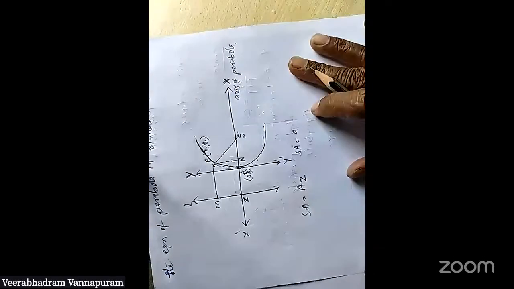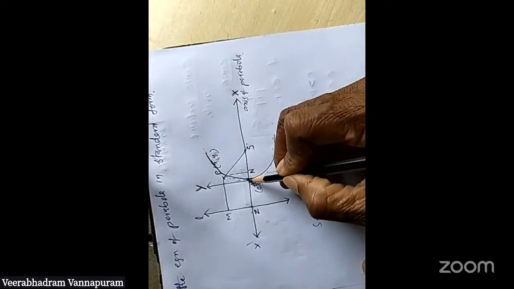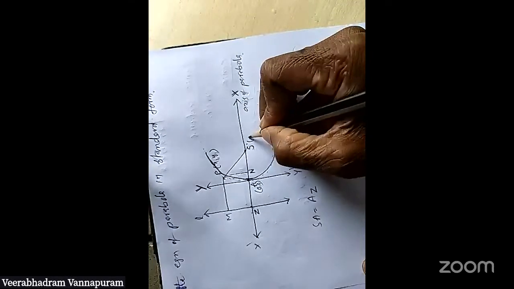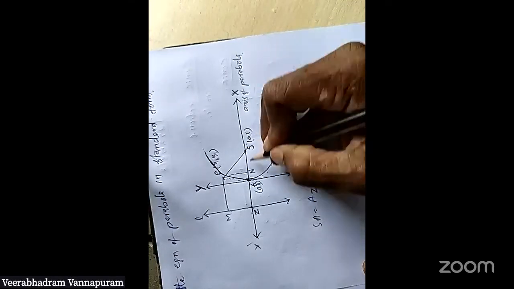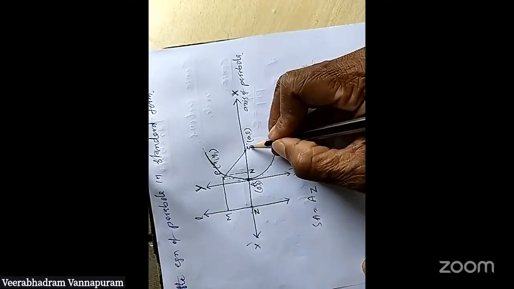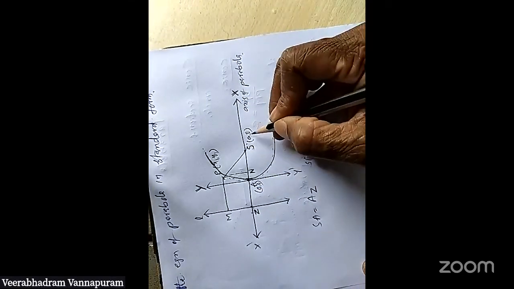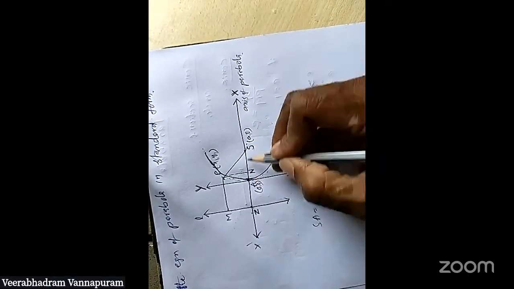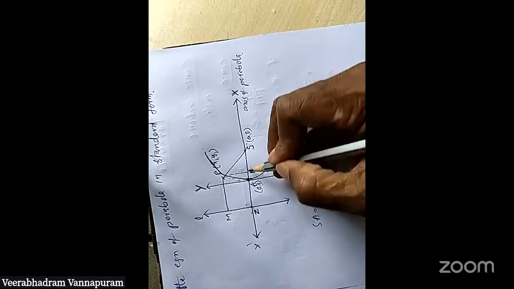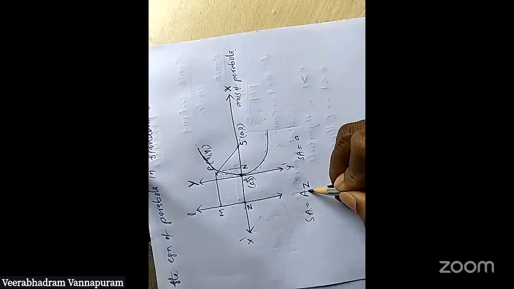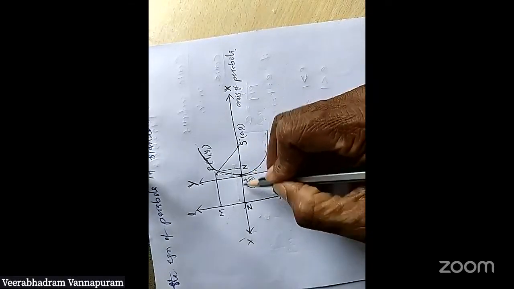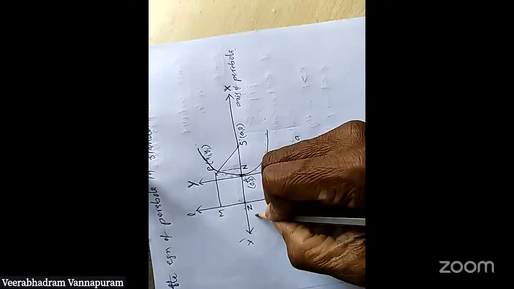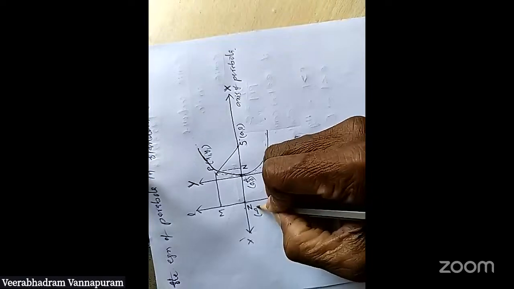Then the coordinates of S are (a, 0), since S lies on the x-axis. And since SA equals AZ, the distance of Z from A is also small a, so the coordinates of Z are (minus a, 0).